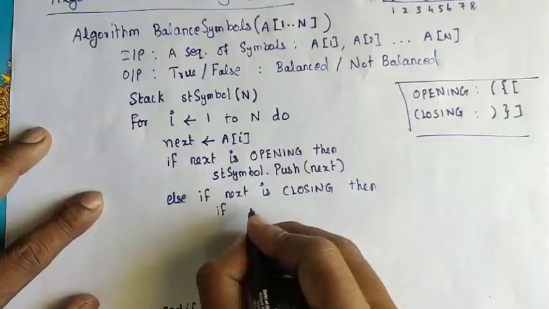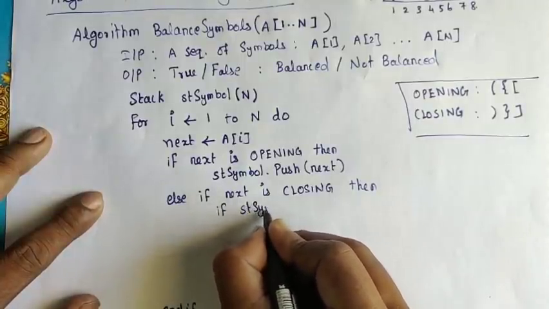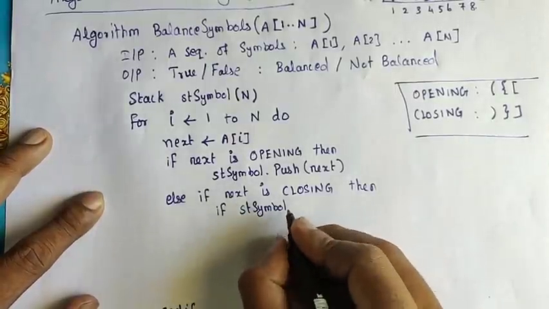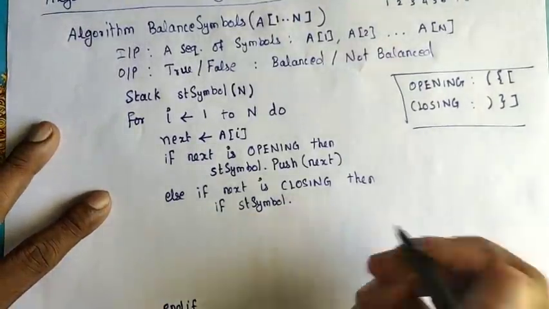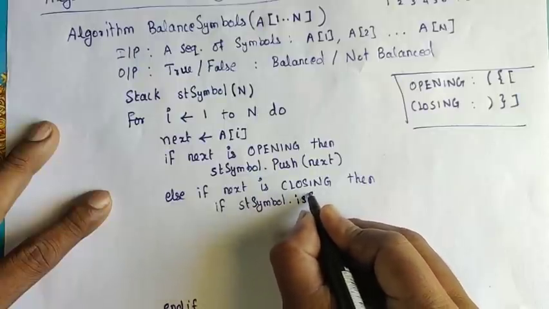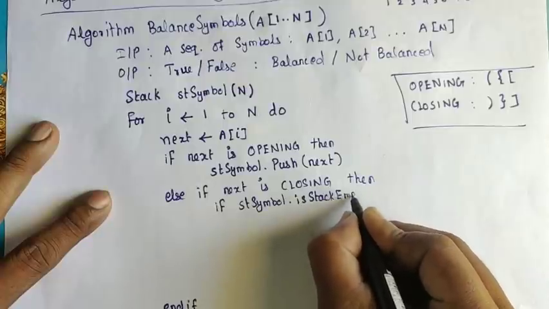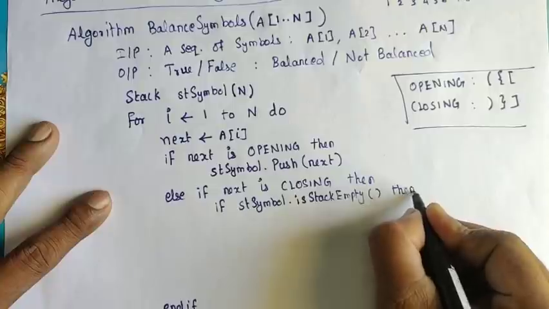If the stack symbol dot is stack empty. We have a function to check whether the stack is empty or not. Is stack empty? Then I have to return false.